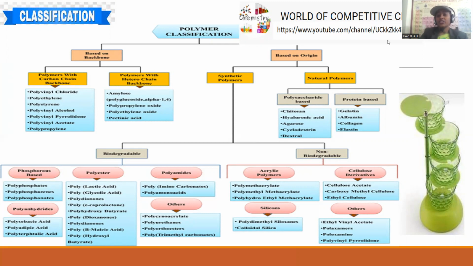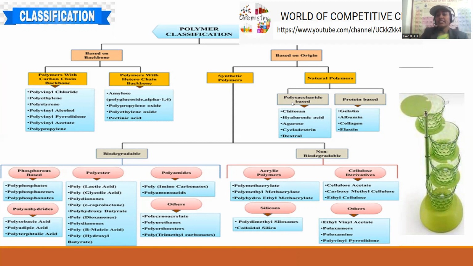In this manner, natural polymers will be there. Again, natural polymers are polysaccharide and protein based. Polysaccharides are nothing but energy-based polymers, and protein-based polymers are also present. Polysaccharides give energy to living organisms. Proteins are the growth factors for living organisms, right?